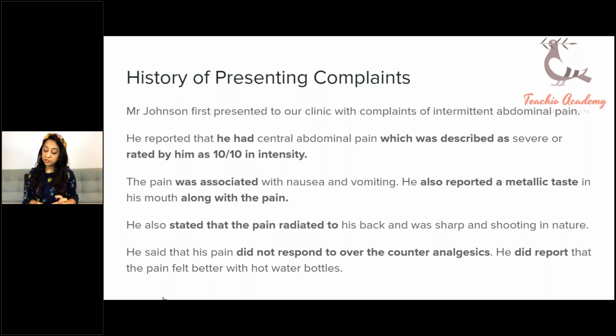Okay, if the patient then talks about them having an associated symptom along with the pain, or something which accompanied the pain, you can write was associated with something, or you can also write, he also reported a metallic taste in his mouth along with the pain. So along with is also a good method of writing about association of symptoms.